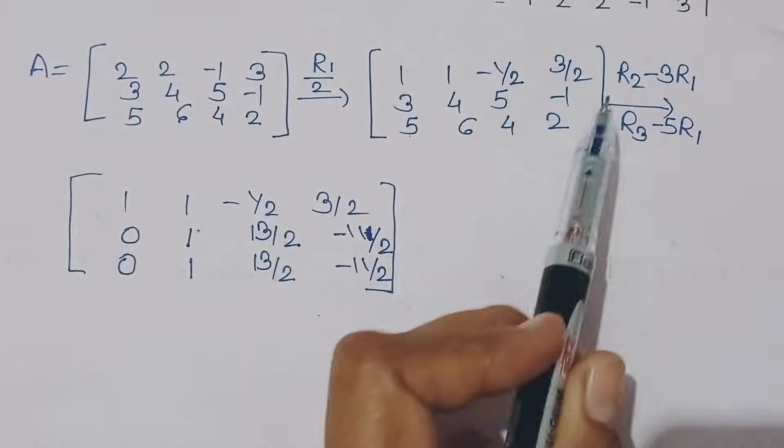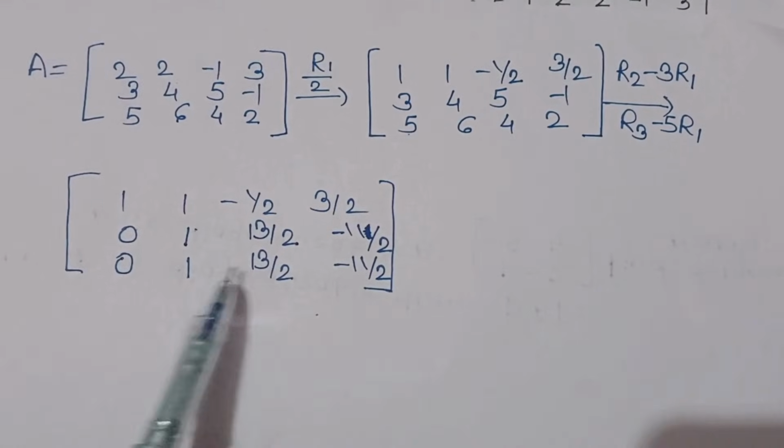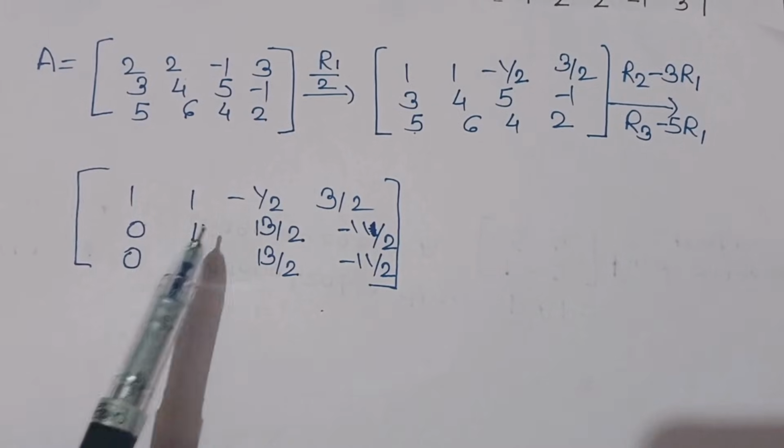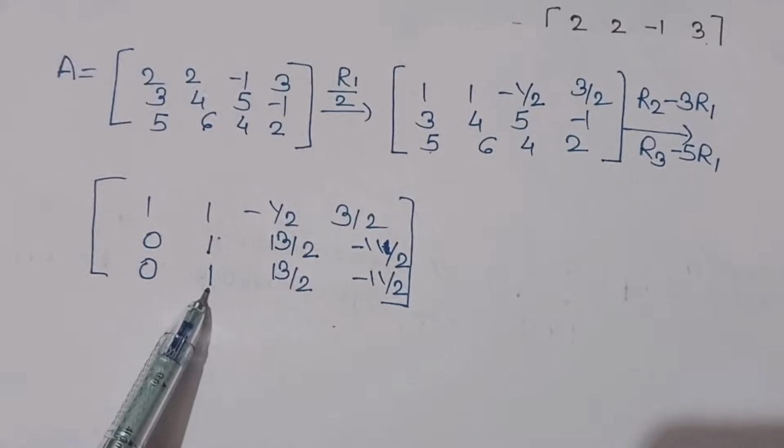After doing these two operations, we get this matrix, but this is not row echelon form. We have 1 here, 0, 0 here. We have 1 here, and we have to make 0 here.